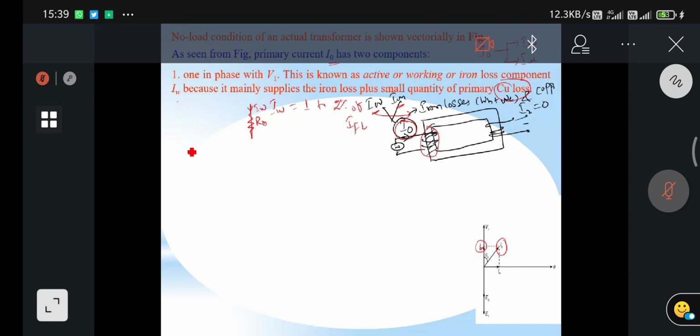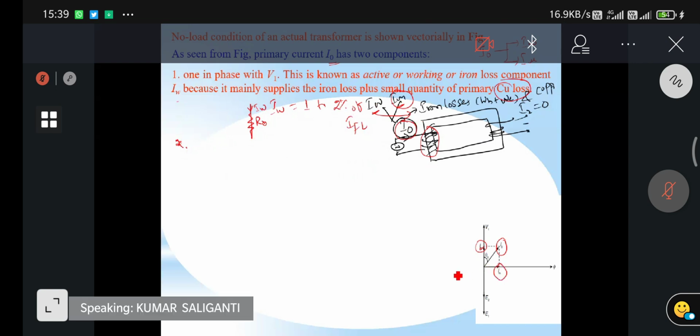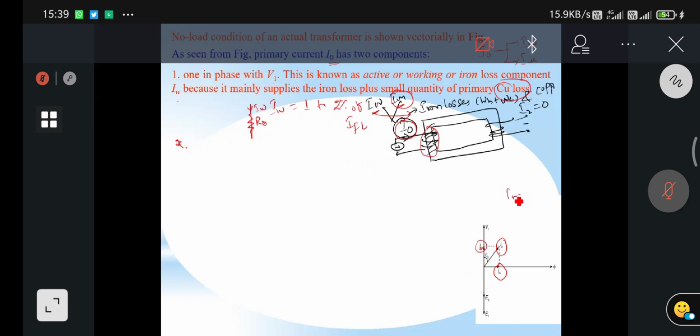Similarly, coming to the second case, there is another component of current, I mu, or IM. It is in quadrature with the applied voltage.